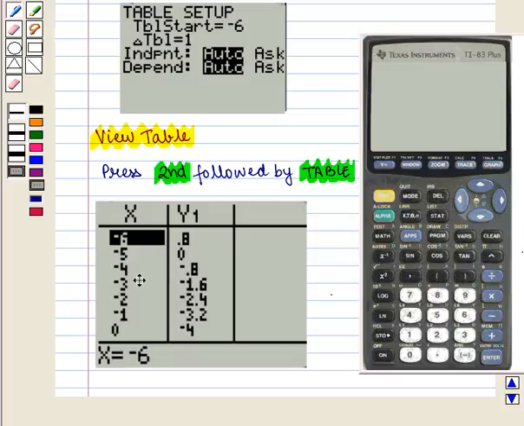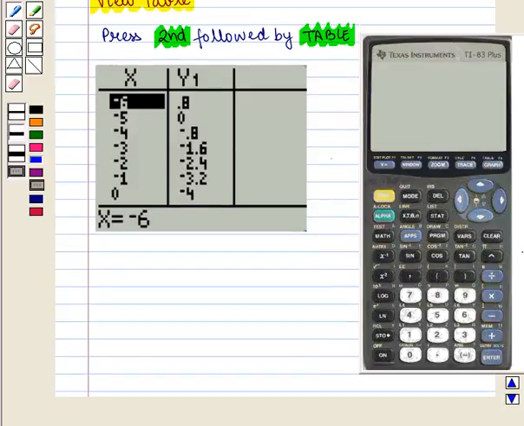Now if we want to find x and y intercept of the equation, we scroll down the table to find the values where x is 0 and y is 0. See here, at x is equal to -5, y is equal to 0.